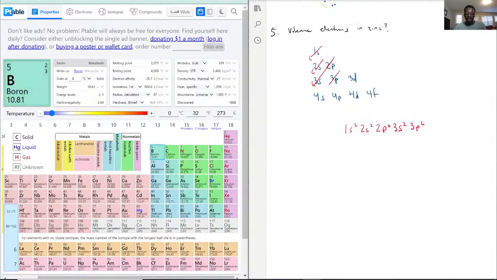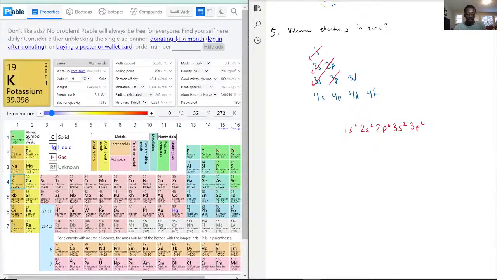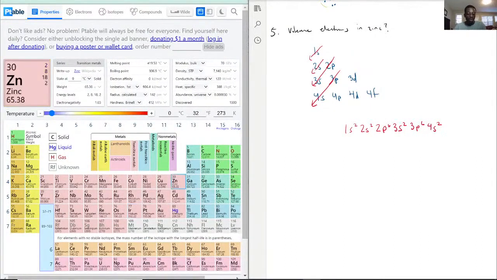And now, where do we go? 4s2, potassium and calcium. So we've gone past that, but now we're going all the way towards zinc. As you can see here, based on these arrows, we're entering our d subshell, and the d subshell works a little differently.